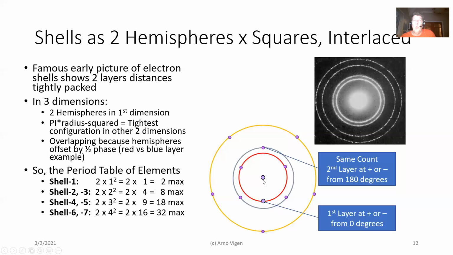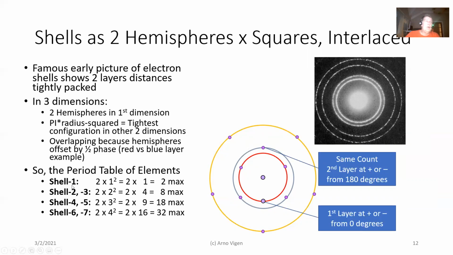So 1 in each hemisphere times 2 hemispheres. 3 times 2 is 6, subshell D offset, and so you get shell 2 and shell 3 have the same counts, and then shell 4 and shell 5 have the same counts.